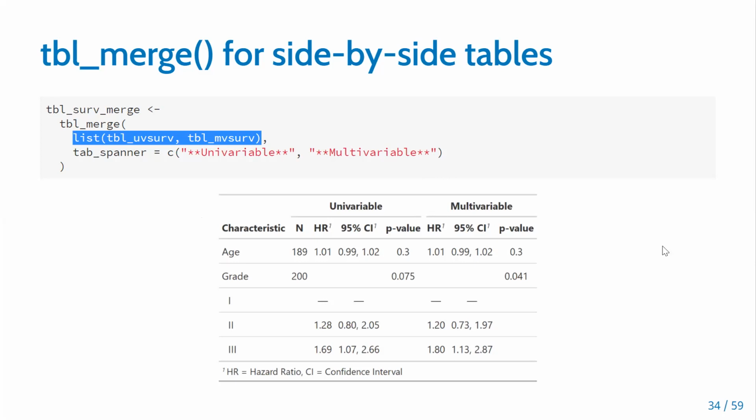So you can see here in the resulting table, we now have a single table with univariable regression results on the right and multivariable regression results on the left. Oh, swap that, excuse me. And you can also merge in summary statistics from a TBL summary, any other gtsummary table, you can merge that stuff in.